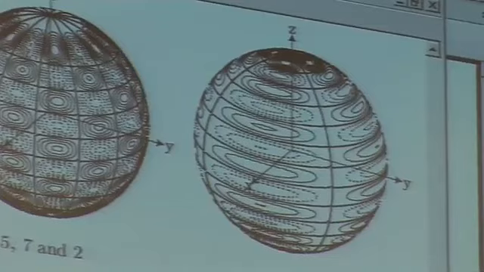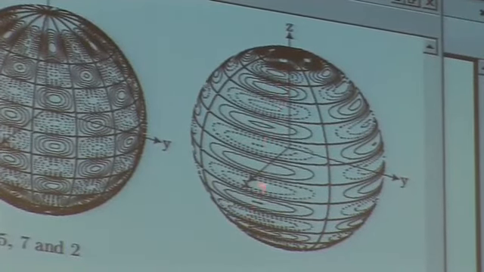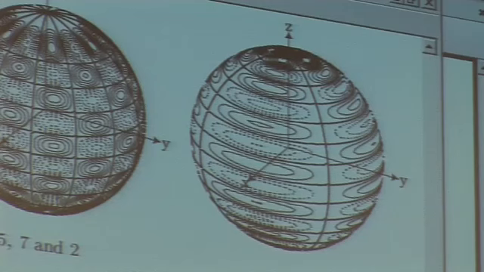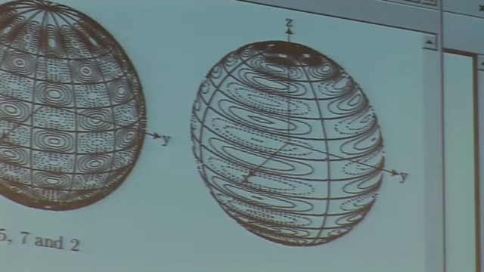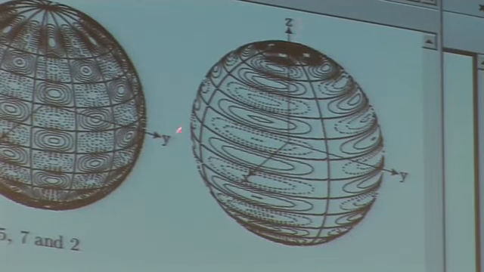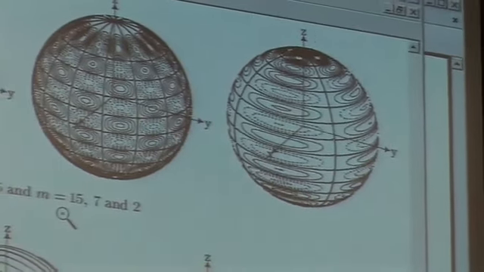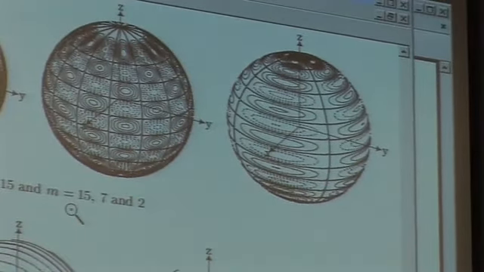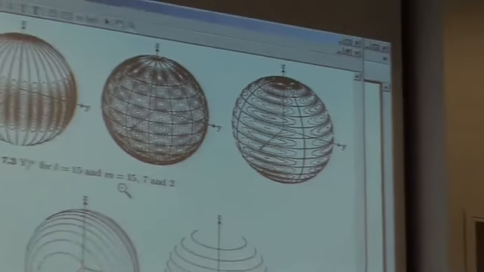So now, instead of having an orange peel pattern, we have rings going around on which the phase is constant. And if indeed we put m equal to 0, we would have a wave function which had no variation as you went around the sphere. It would all be variation as you go from the northern hemisphere to the southern hemisphere, which corresponds to the fact that the particle is moving this way.